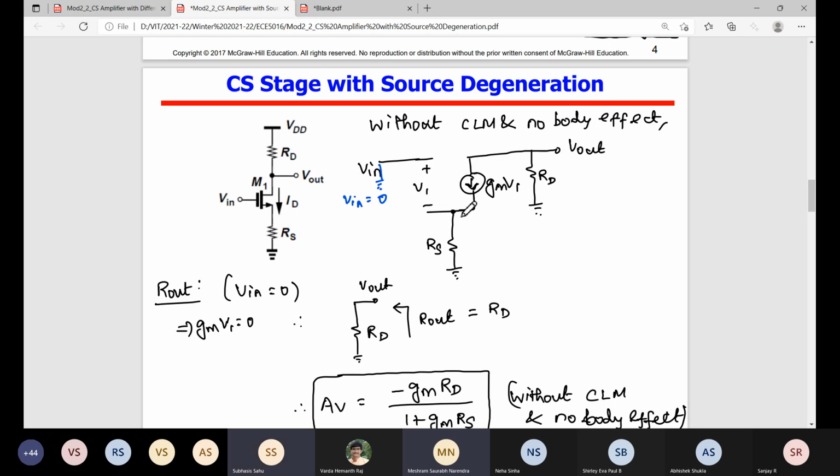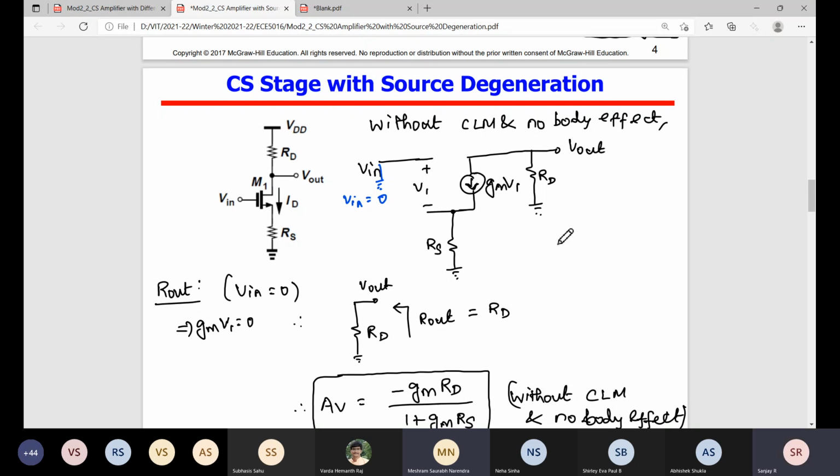Yes, sir. RS is shorted to ground from here. That's how it started to ground. I want to explain it. I want to nullify this effect.